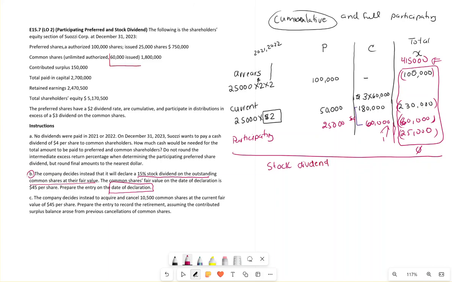Whatever type of dividend we're giving, we're declaring a stock dividend. How many shares do we have issued? Common shares 60,000. If you have 60,000, we're giving a 15% dividend. The fair value is $45, and that will work out to be 405,000.